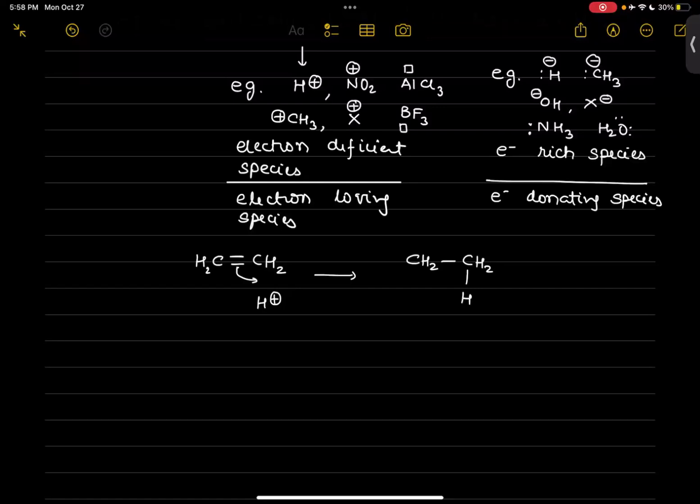Look, this was the double bond. Two bonds are there. The sigma bond remains as it is. This is the pi. H plus is coming like this. This doesn't have an electron. So these pi bonded electrons will get attracted towards the H plus, and this H plus will form a bond with the carbon.